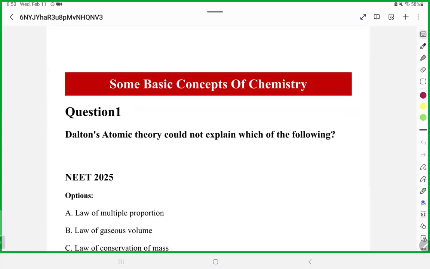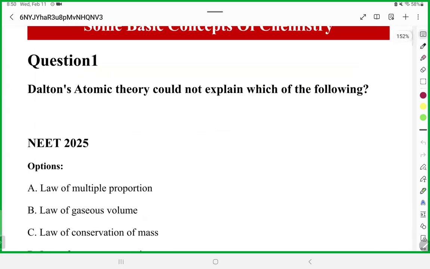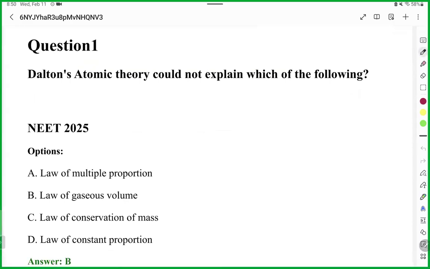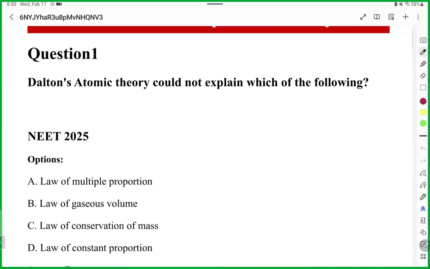First question. Dalton atomic theory could not explain which of the following. You have 4 options. Law of multiple proportion. You know this law of multiple proportion was given by Dalton. Gas law, Gay-Lussac. Law of conservation, Lavoisier. And law of constant proportion.